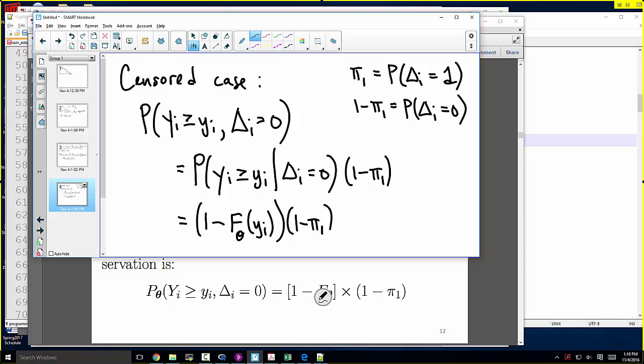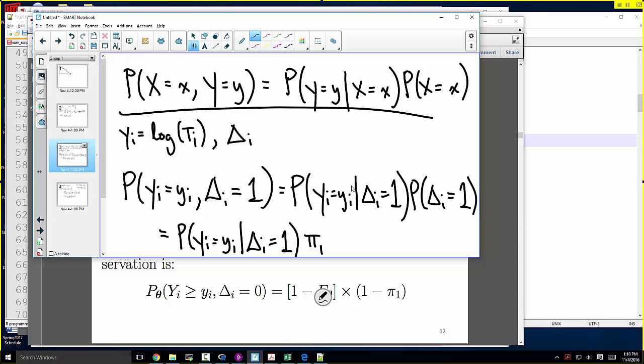So we have n individuals. For each individual, we have an event time and a censoring indicator. For every individual that was uncensored, the likelihood contribution, I forgot to write this part in, is the density times pi1.